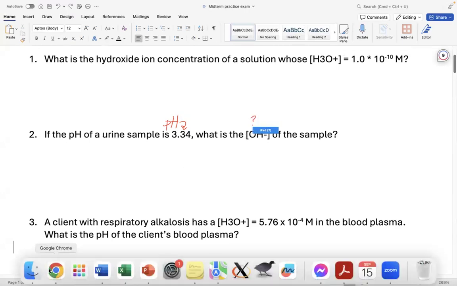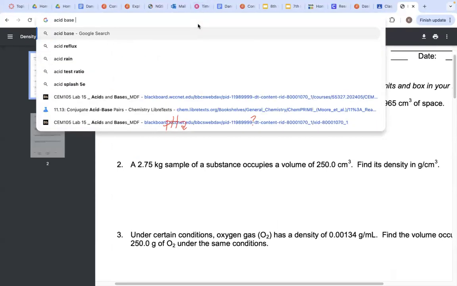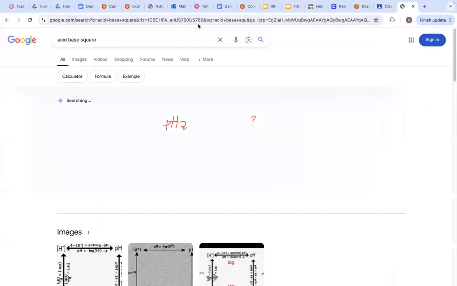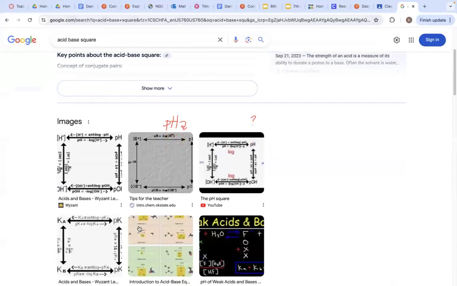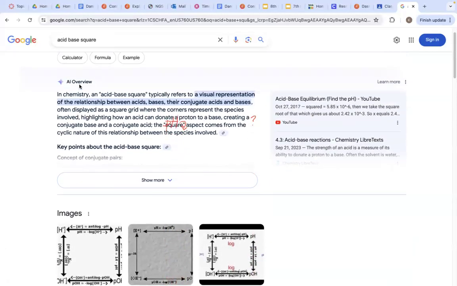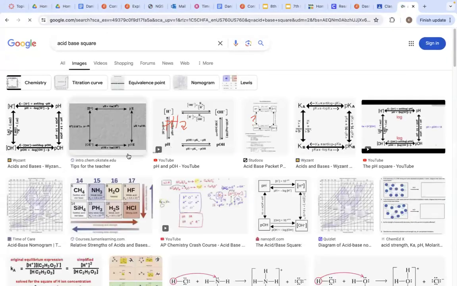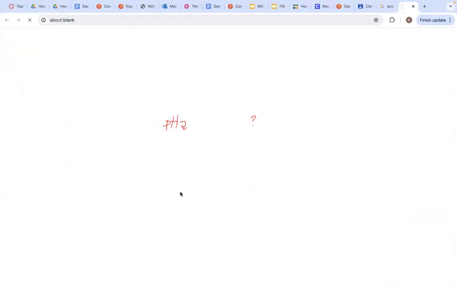So let me find that acid base square so we can visualize this better. Here's the one I think I have.